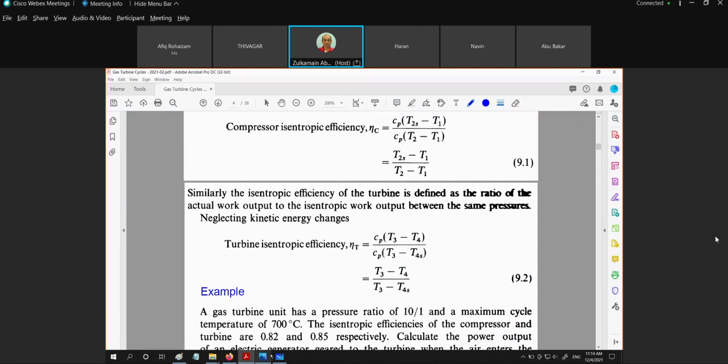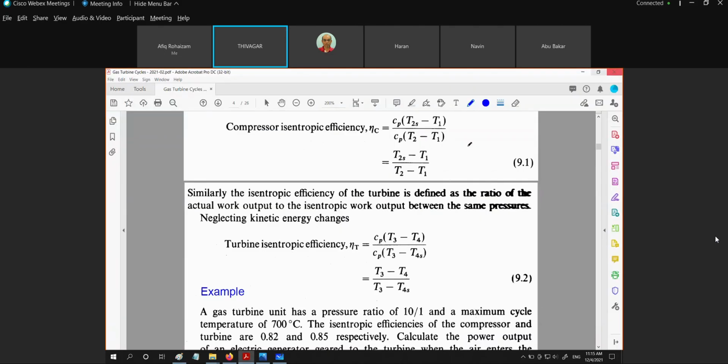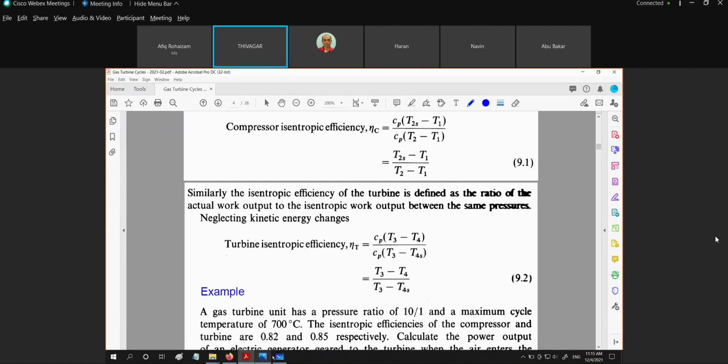Or do you want me to close everything and reopen it again? Maybe like the photos, the Mozilla Firefox. Firefox, I need it because I'm running the WebEx. Okay, okay. Yeah, I think so.